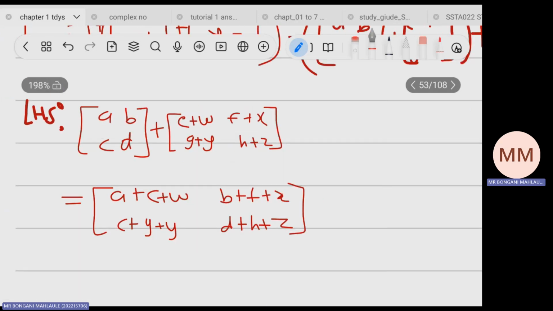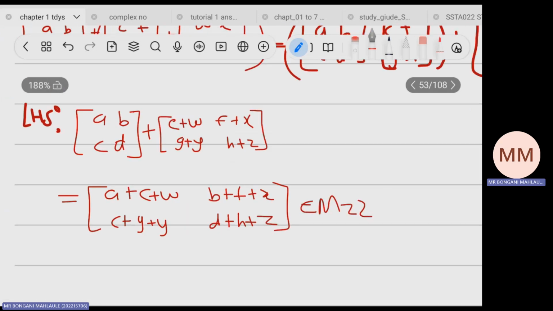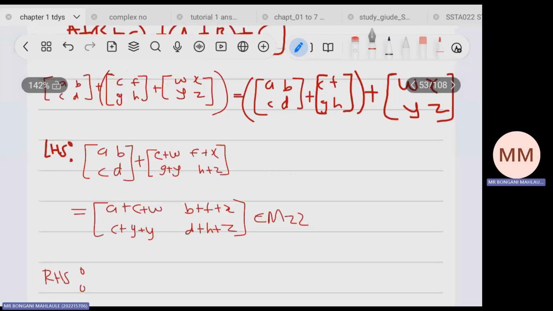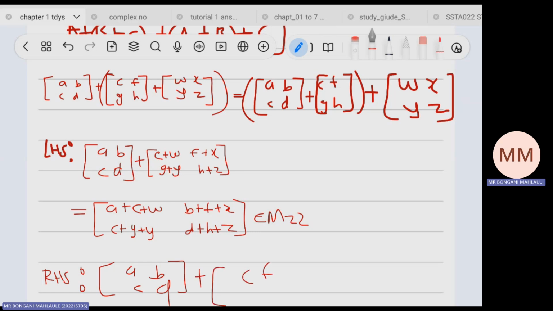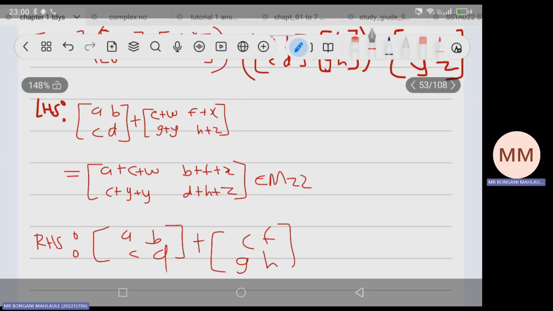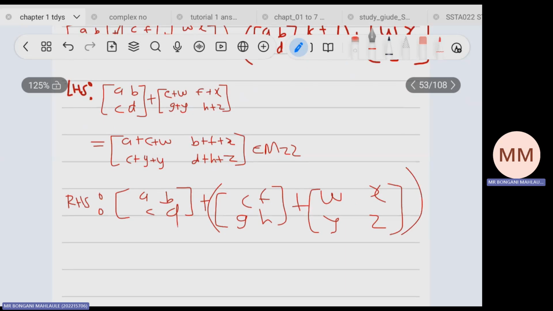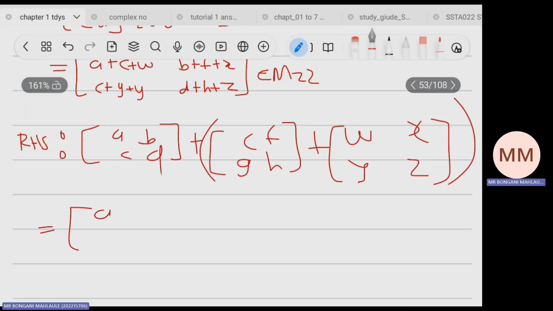So this is an element of that. Then you'll also check your right hand side. e, f, g, h. So obviously you are having a, b, c, d.